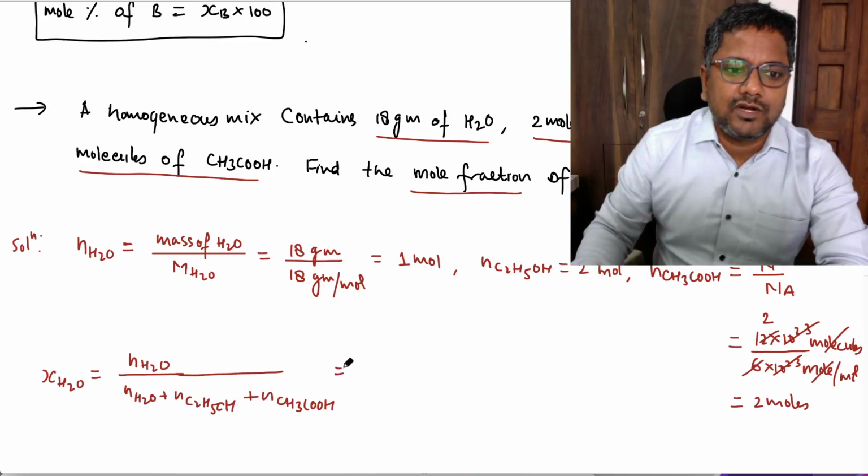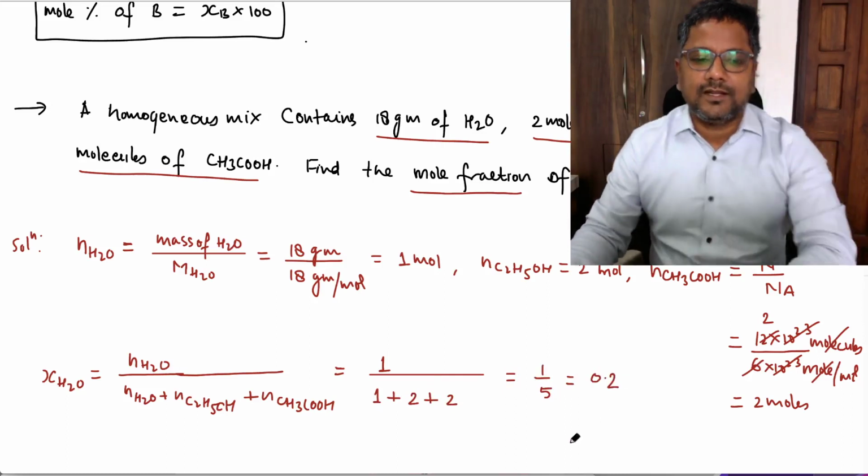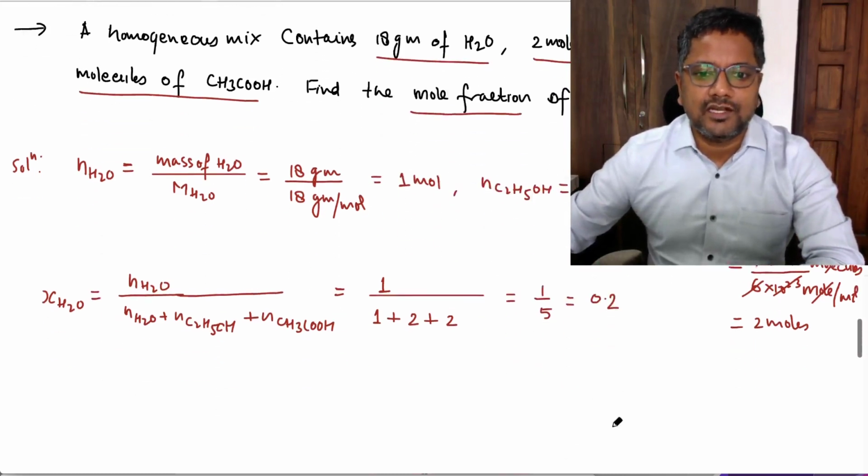So moles of water we have calculated: 1 divided by 1 plus 2 plus 2. So this is equal to 1 by 5. This is equal to 0.2, right? So this is the mole fraction of water.